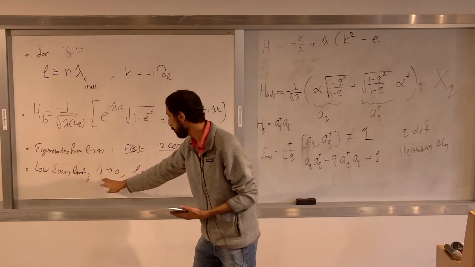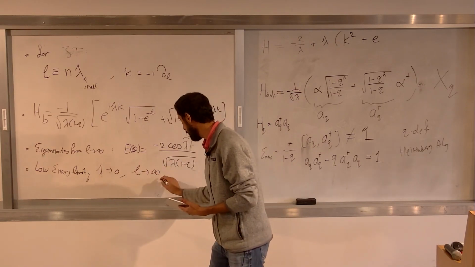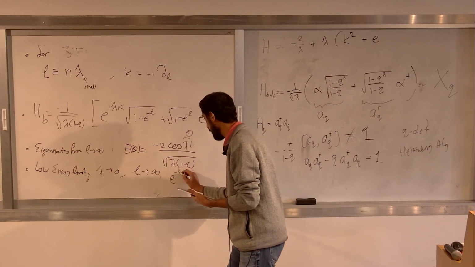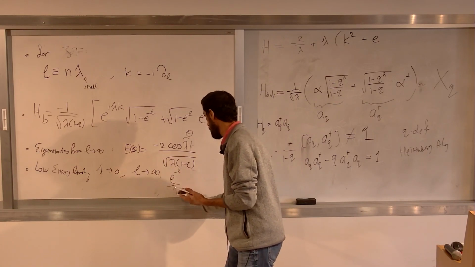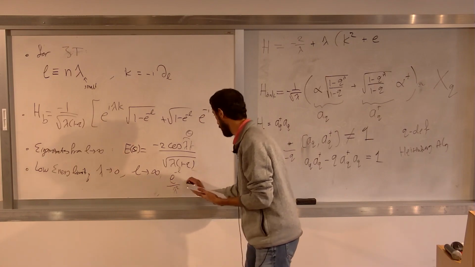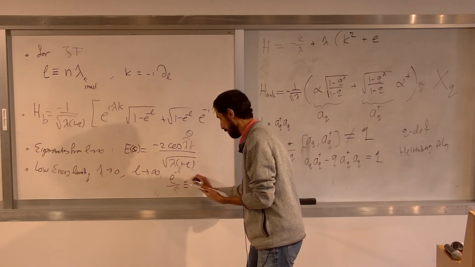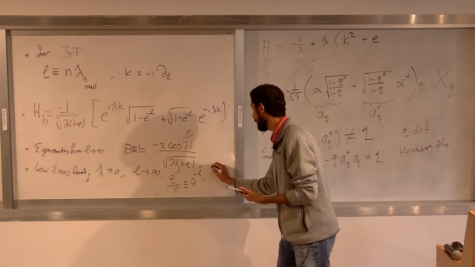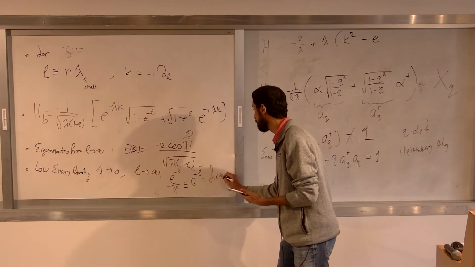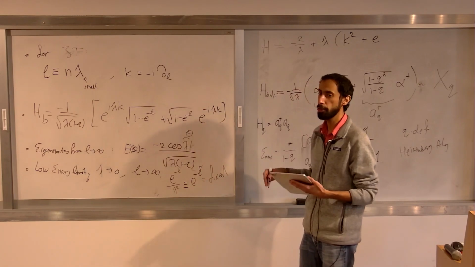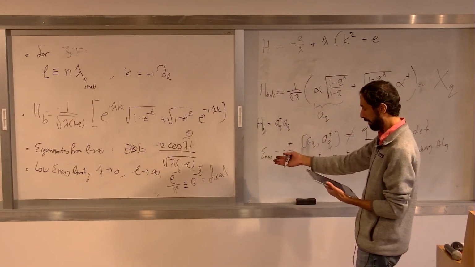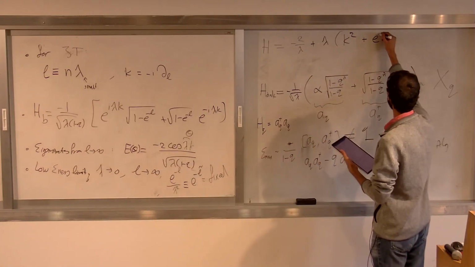We're taking the limit lambda goes to 0, L goes to infinity, but e to the minus L over lambda squared, define it as e to the minus L tilde, is fixed. This is the so-called triple scaling limit.